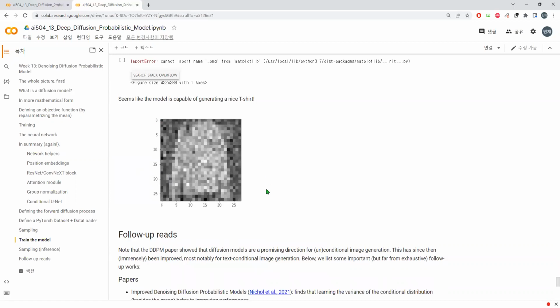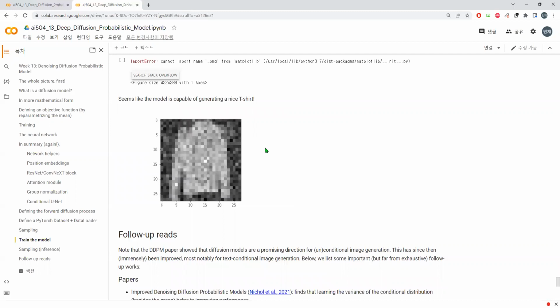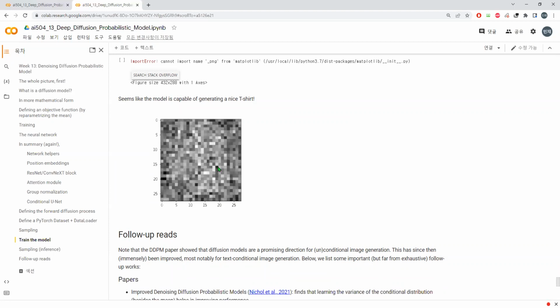This GIF figure iterates the reverse time steps in a reverse way, right? It shows the whole reverse diffusion process.